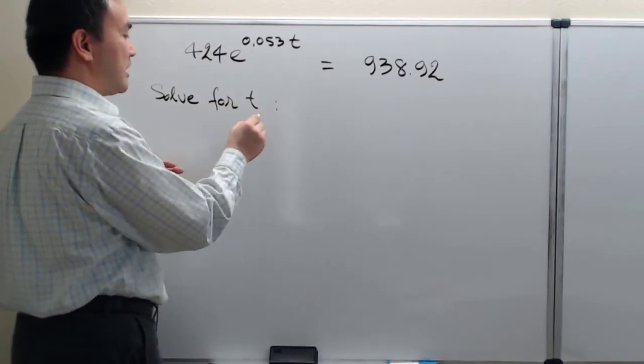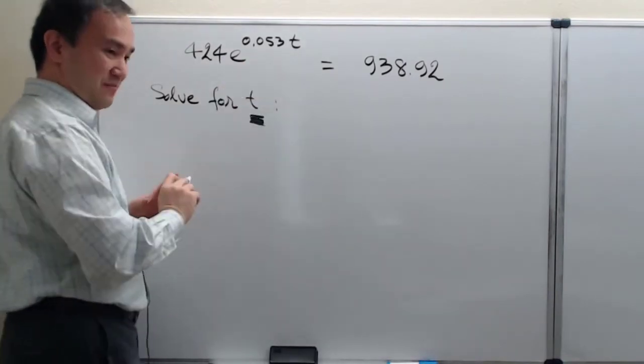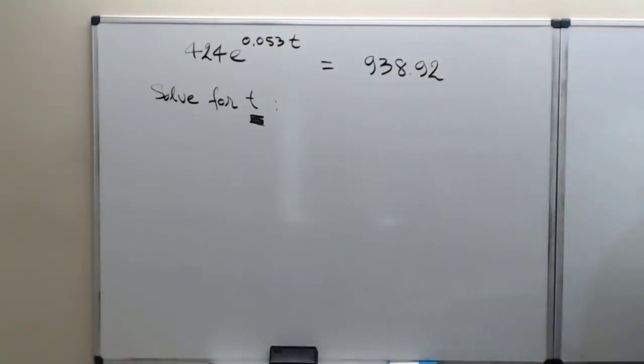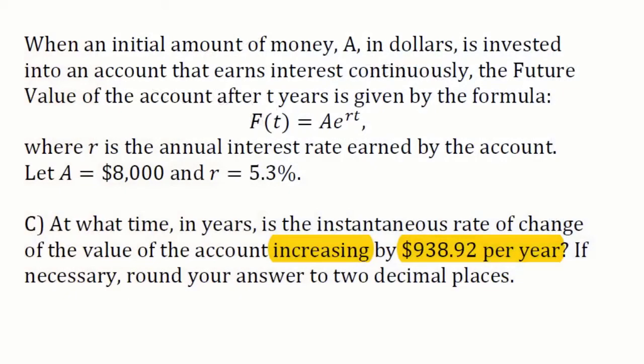Why do we solve for t? First of all, t is the variable for time, and the question was asking at what time in years, or in other words, how many years after the day we invest, the rate was increasing at 938.92 per year.